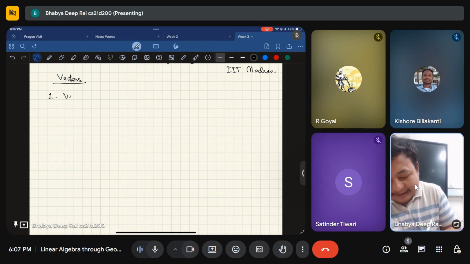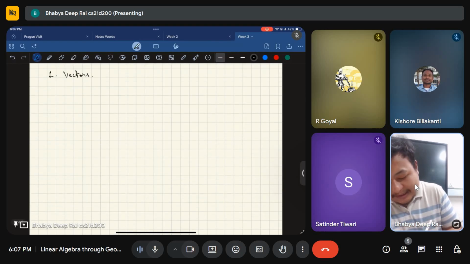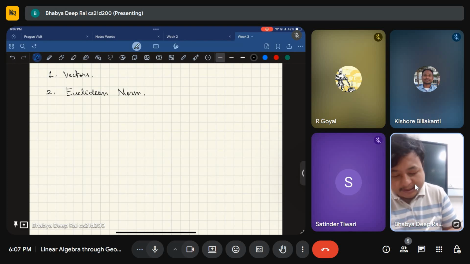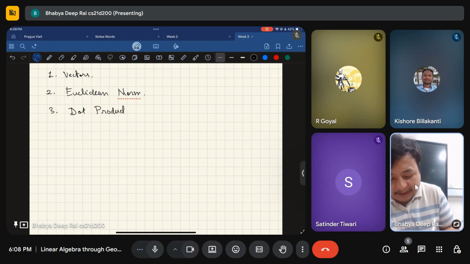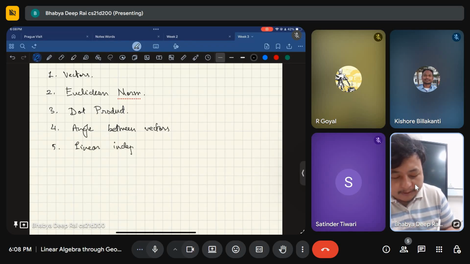And we looked at the dot product of vectors, computing the angle between two vectors, linear dependence and independence, unit vectors, and orthogonality or orthogonal vectors.